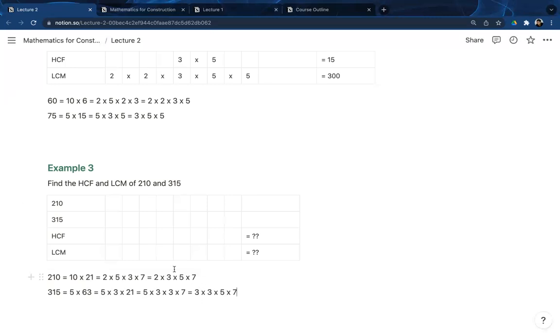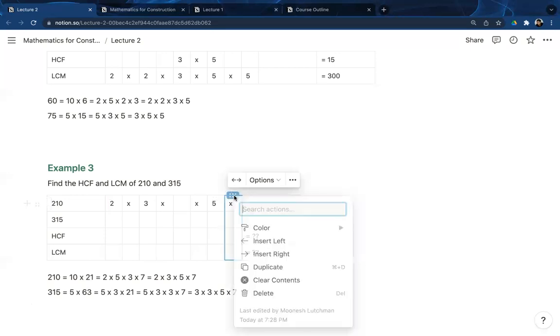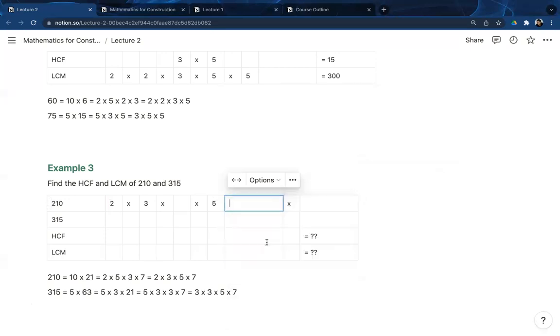So for 210, I will do 2 by 3 by 5 by 7. 315 now.